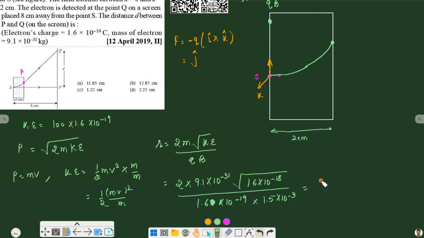So we will have 2 into 9.1 divided by 1.6 into 1.5. From this we will have 4. Now going to the power of 10: minus 31, minus 18 from here, plus 19 and plus 3, so plus 22. So this will be minus 40 plus 22.